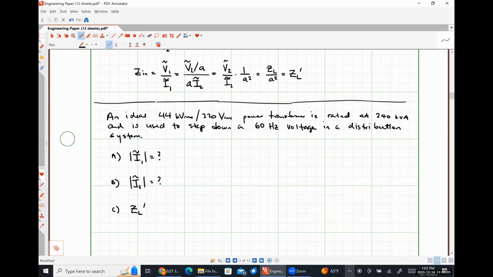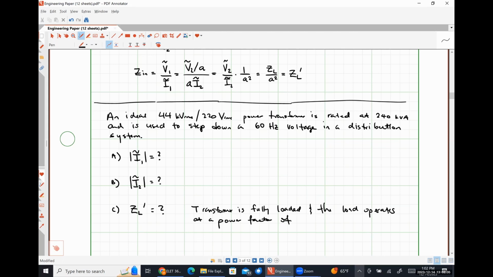So this is our reflected load impedance under the constraint that the transformer is fully loaded and the load operates at a power factor of 0.90 lagging.